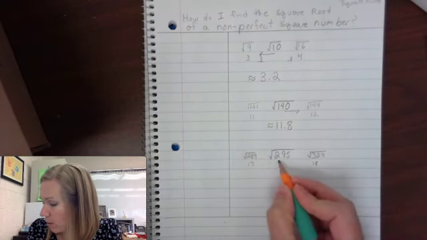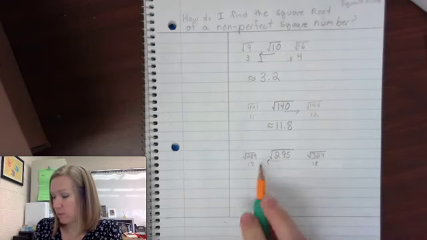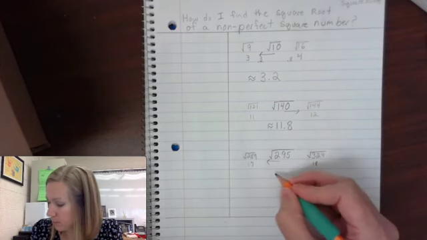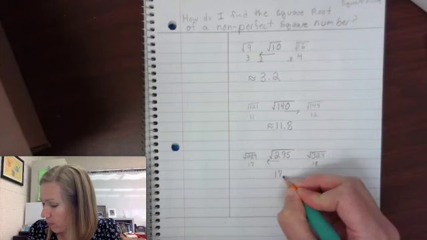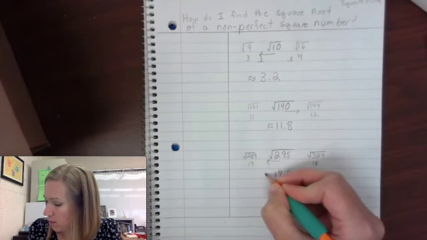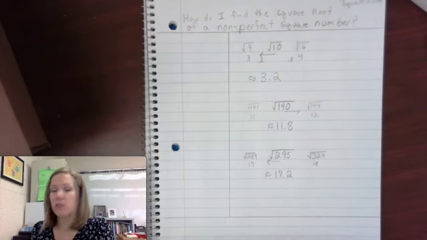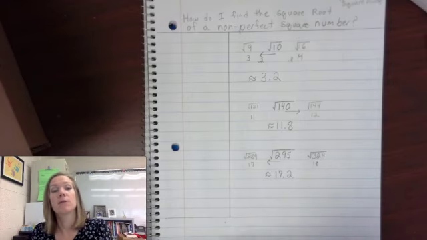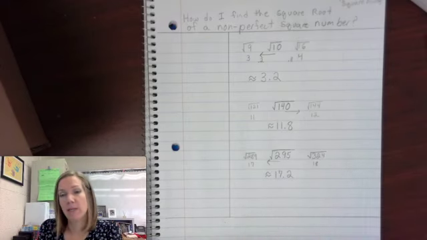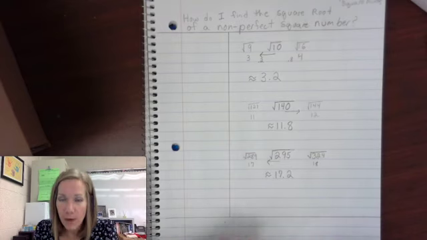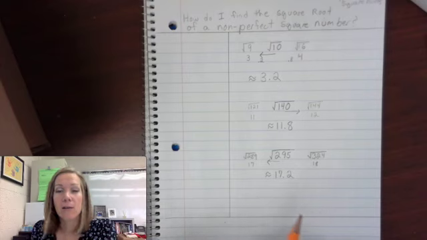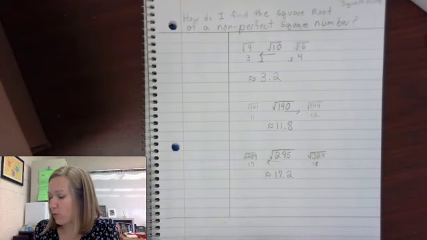Once again, we know that 295 is much, much closer to 289. And so hopefully you came up with something close to 17.2. Now it's very close to 17.1. So if you approximated 17.1, that would work as well. If you approximated 17.3, you're getting a little further away, but I don't think I would take off points for that one.